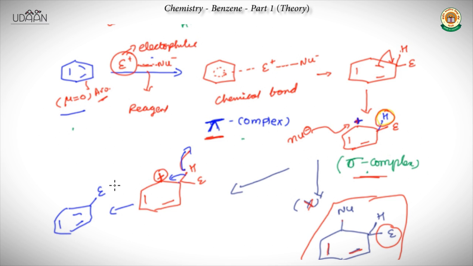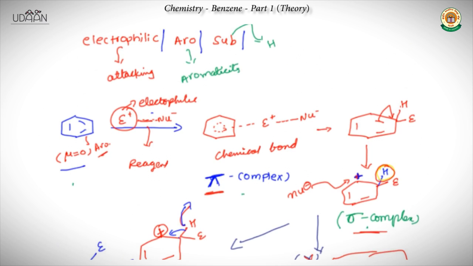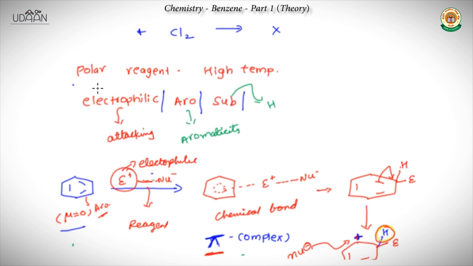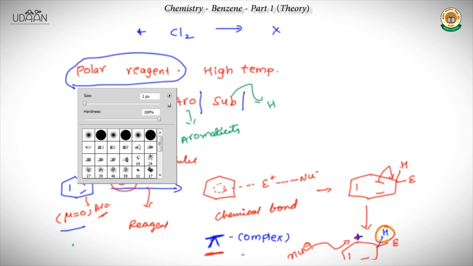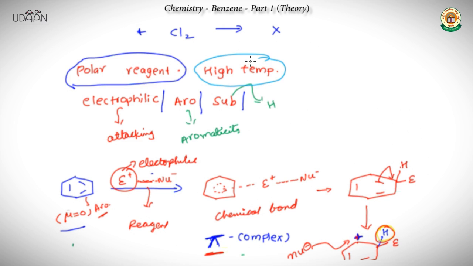You have the electrophile here. Now as you can see, you have started with an aromatic compound and ended with an aromatic compound. Also, one more thing you need to note is that you are using a polar reagent here, and you are assuming that the temperature is very high, that is, drastic conditions are observed.